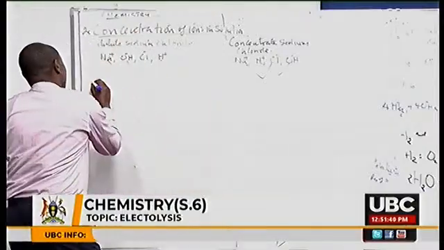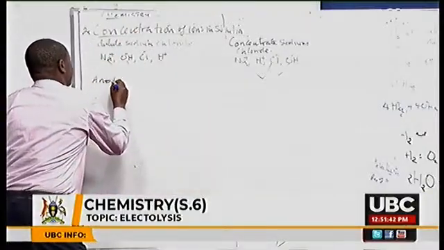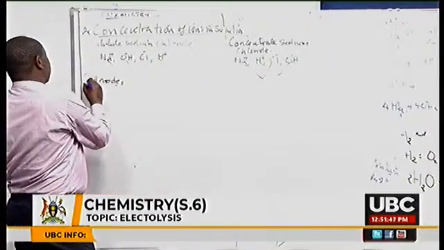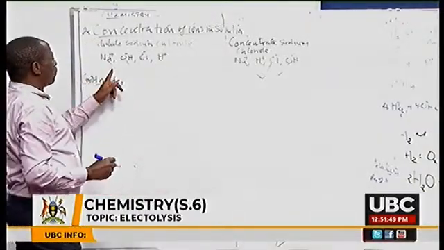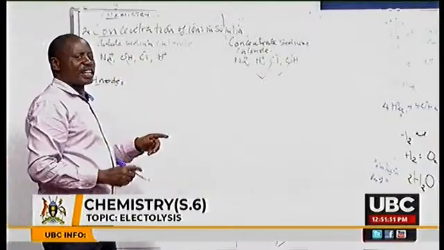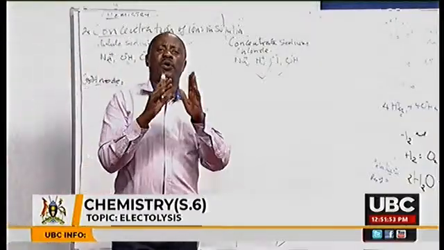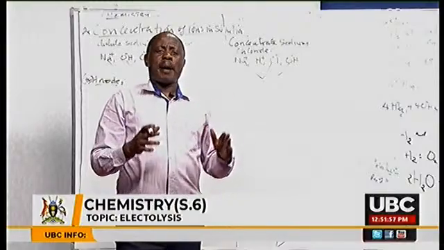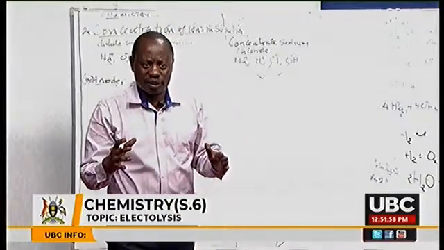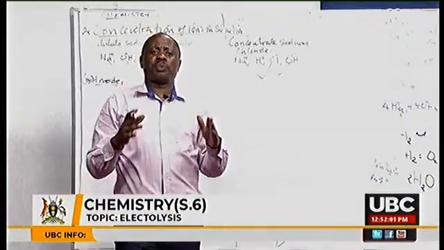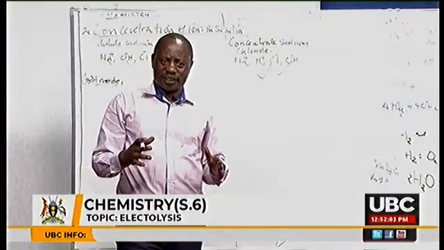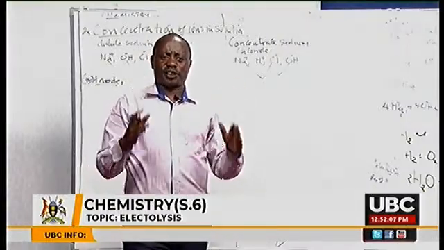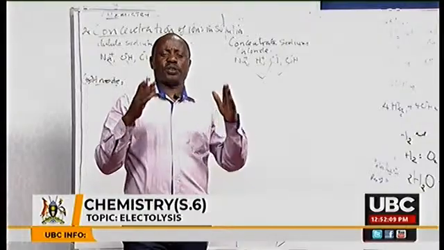So at the anode, what happens there? Anode is positive. So both hydroxyl ions and chloride ions will migrate to the anode. But the solution being dilute, the hydroxyl ions will be preferably discharged. I repeat, both chloride ions and hydroxyl ions will migrate to the anode.